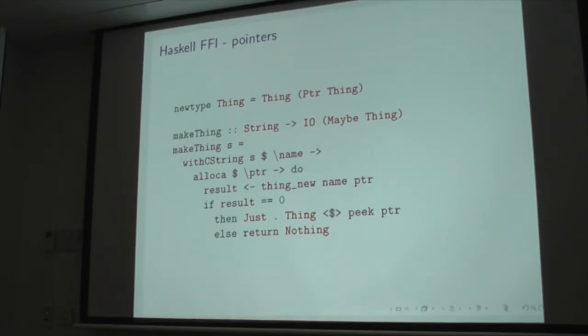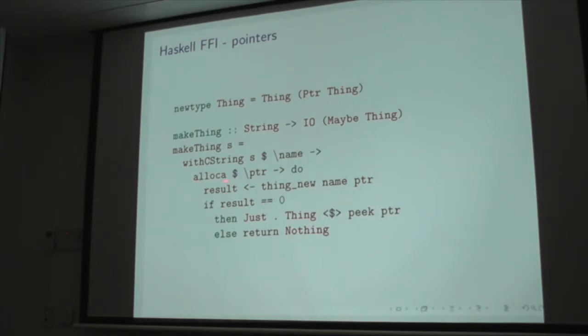Now to deal with this common C idiom of passing the double pointer and receiving in that location a pointer to a newly constructed object, we're going to use withCString, because makeThing takes a string, in order to get a C string that we can call the C function with.